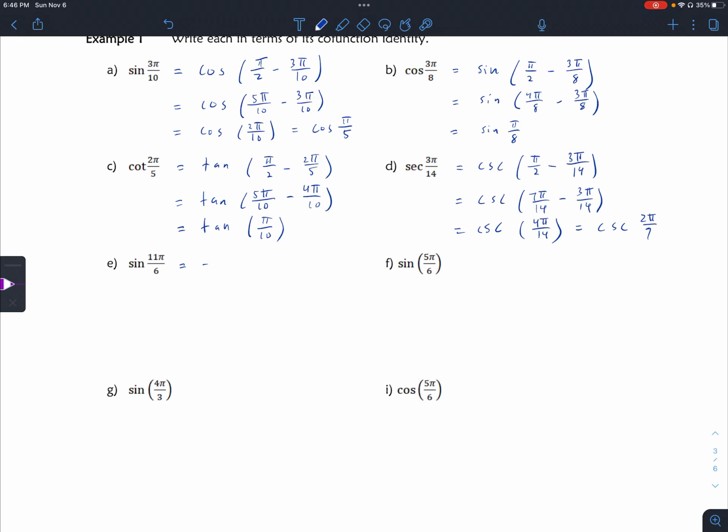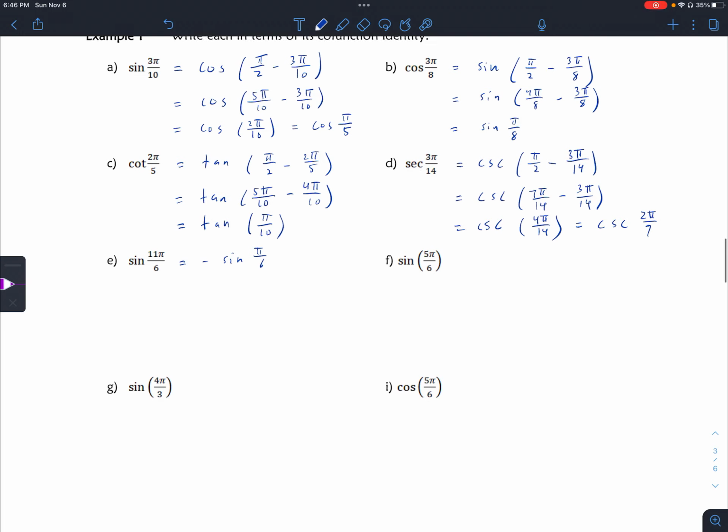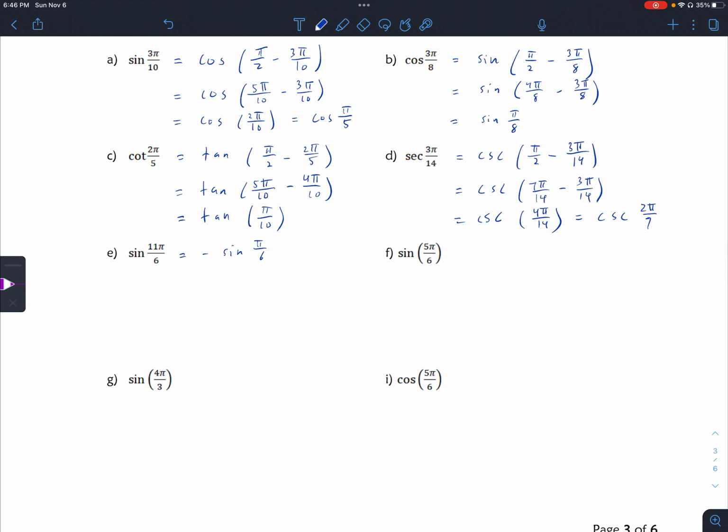So if we take sine in the first quadrant and just put a negative in front of it, it's the same thing as sine in the fourth quadrant. So sine of 11 pi over 6 is the same thing as negative sine of the related acute angle, which is pi over 6. Since 11 pi over 6 is 330, the related acute angle is 360 minus 330, which is 30. 30 is pi over 6. So this is equivalent to sine of pi over 6. However, we have to put a negative in front because it has to be a negative ratio, since 11 pi over 6 is in the fourth quadrant.